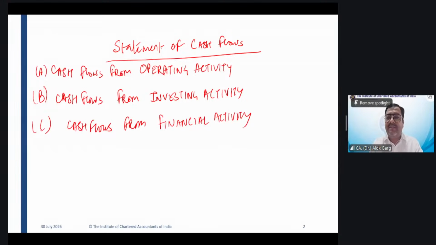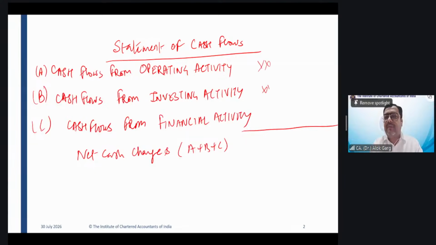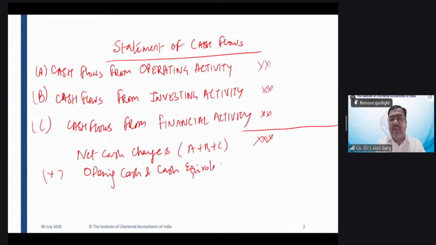Now, my dear friends, this A plus B plus C, right? This is known as the net cash changes. Then to the net cash changes, when you add opening cash and cash equivalent, and the non-cash changes, you will find closing cash and cash equivalent.